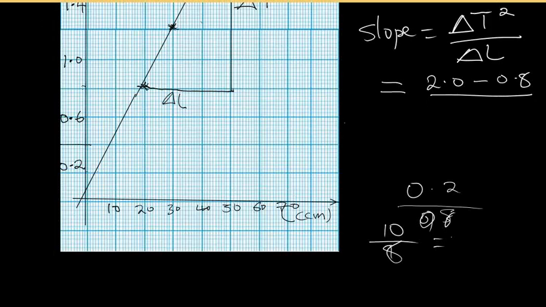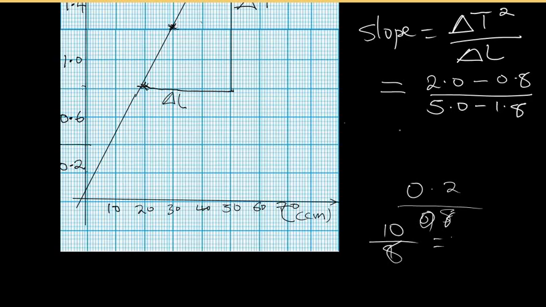Now trace the change here. This line actually started from not 2.0 but below 2.0, that should be 1.8 approximately, and ends at 5.0. The change in L, 1.8 to 5.0, so just do 5.0 minus 1.8.